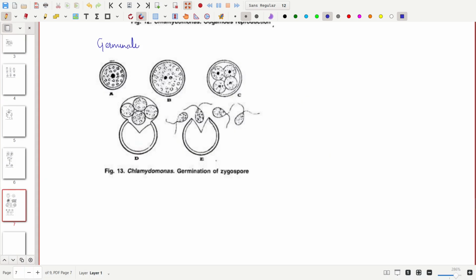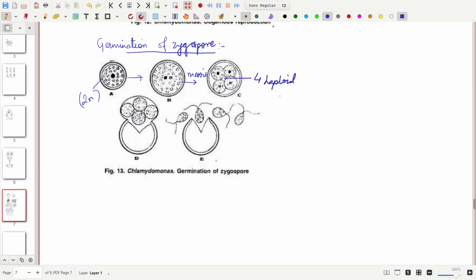The zygospore, formed by the different types of sexual reproduction, is actually a diploid structure. After some time of rest, its nucleus divides by meiosis to form 4 haploid nuclei.